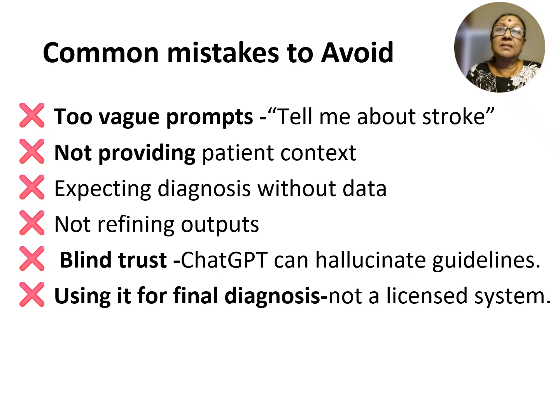Common mistakes to avoid: don't give too vague prompts like tell me about stroke. If you do not provide the proper patient context, it depends on what you're using it for. You know what questions you will ask the patient. So that context should be given specifically. You saw for clinical reasoning how it was different, and for patient communication how the patient context is different.